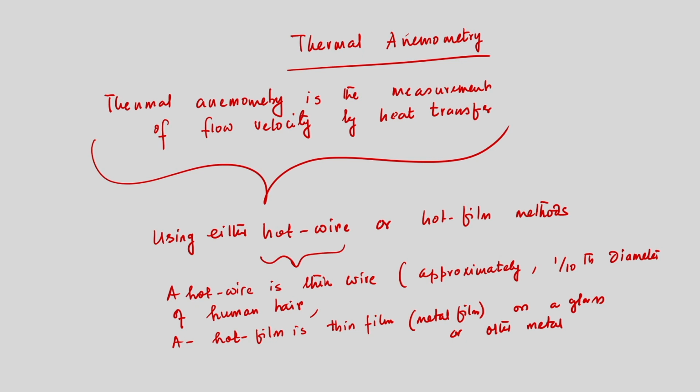So, now we will try to draw a schematic depiction of the hot wire or hot film thermal anemometry, and from there we will try to see how we can measure heat transfer, and from there we can measure the flow velocity. We will write hot wire.